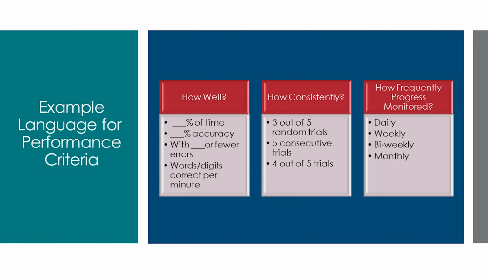So we want to indicate how frequently the student will be assessed and the method of assessment. So are we going to assess the student daily, weekly, bi-weekly, monthly? It all is going to be individualized to the student, obviously, but the main thing here is we want to set up an evaluation schedule that offers multiple progress monitoring points throughout the marking period.